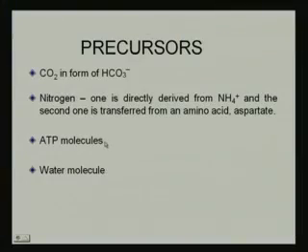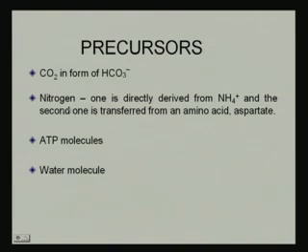We cannot ignore it. In this urea cycle also, precursors play a significant role in the 5-step process. Now, these precursors are carbon dioxide in the form of bicarbonate, and nitrogen.